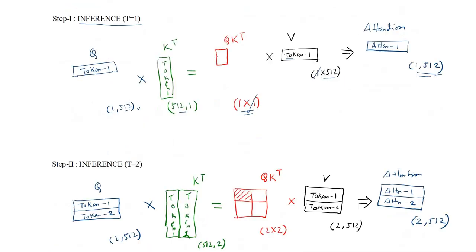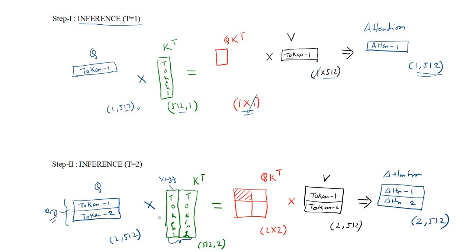Now in inference 2, what is the scenario? In inference 2, we take 2 tokens, because it's the second inference. Now we multiply with K transpose, which also has 2 tokens. These are the tokens for key, and these are the tokens for query.